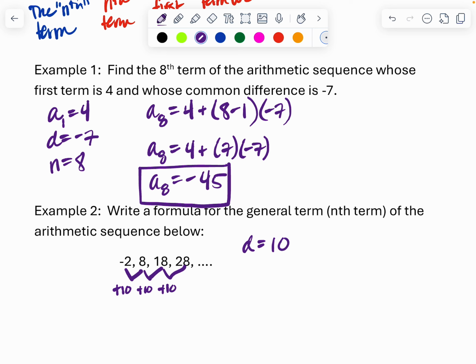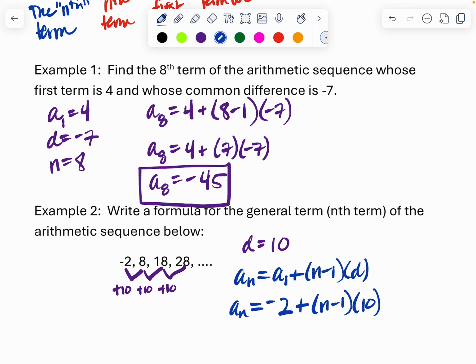We are going to use the formula. So the general formula is a sub n equals a sub 1 plus n minus 1 times D. We're writing a general formula, so we're leaving n as n. A sub 1 happens to be -2, that's our first term. And then n minus 1, and our common difference is a positive 10. And now we just clean up the right side.